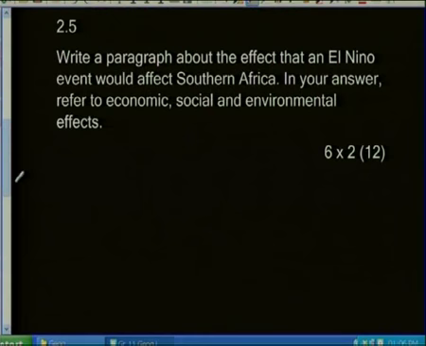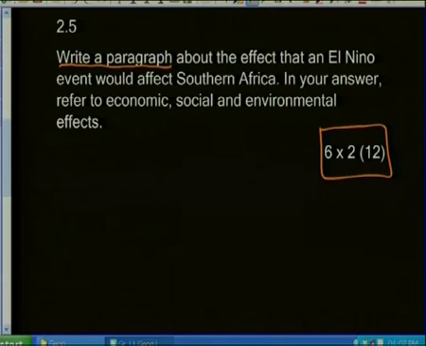Then here's your big question now. Question 2.5, 6 times 2 marks, 12 marks to write your paragraph. Right, remember, we're always going to have these more difficult questions towards the end of the question, and they're going to be for more marks, because this is where we want you to think and apply your minds and give us some of your insight from all your studying and your understanding of geography.